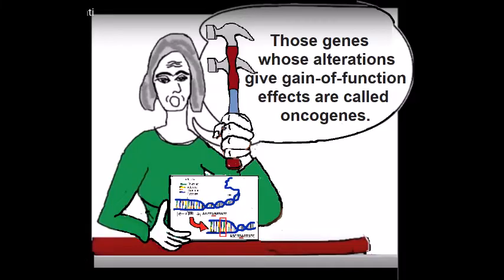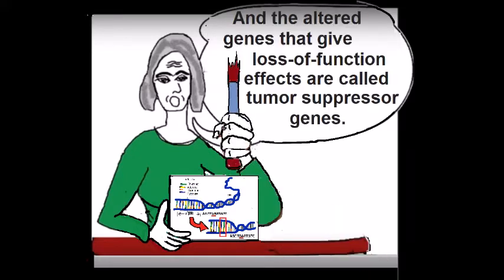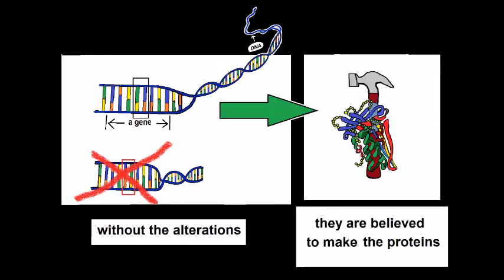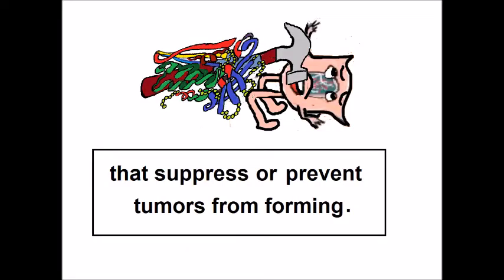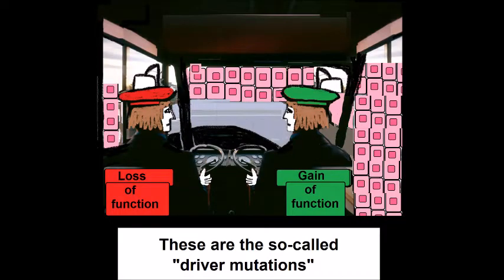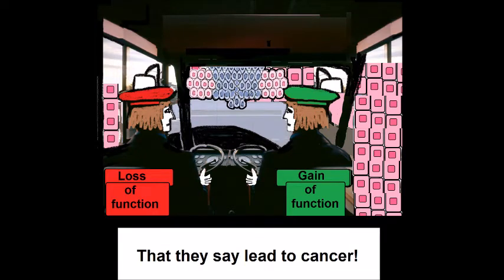Those genes whose alterations give gain of function effects are called oncogenes, and the altered genes that give loss of function effects are called tumor suppressor genes, because without the alterations they are believed to make the proteins that suppress or prevent tumors from forming. These are the so-called driver mutations that they say lead to cancer.